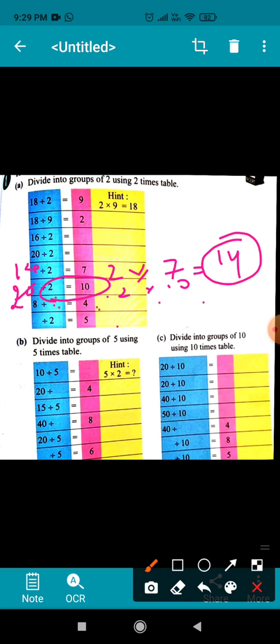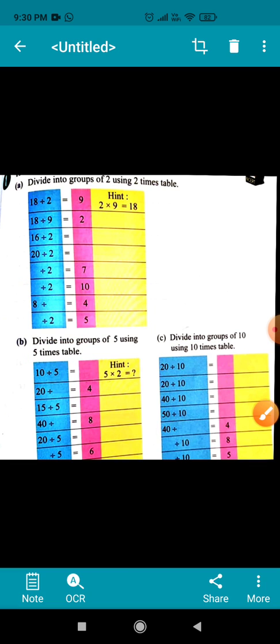Here you have to read the table of 5 and here you have to read the table of 10 to get all these numbers that are missing in the blanks. Okay, so please do this exercise by yourself. Okay, now let us see the next page.